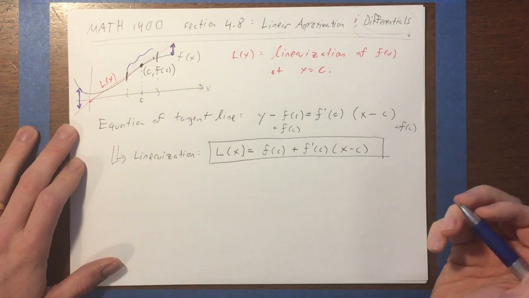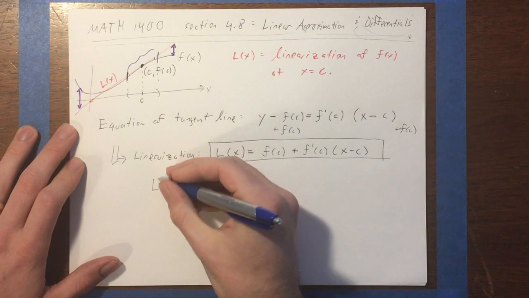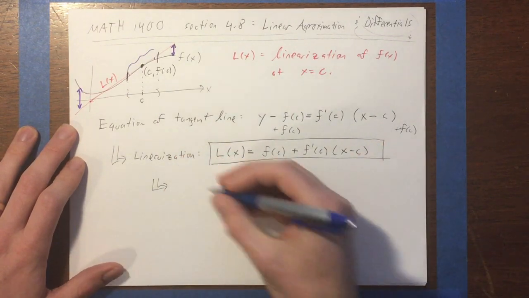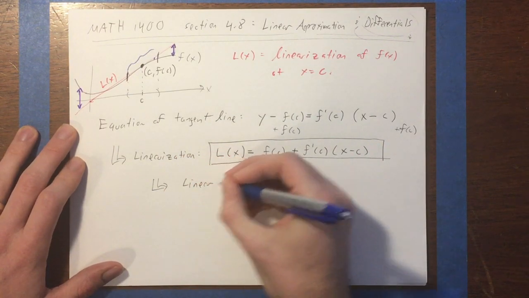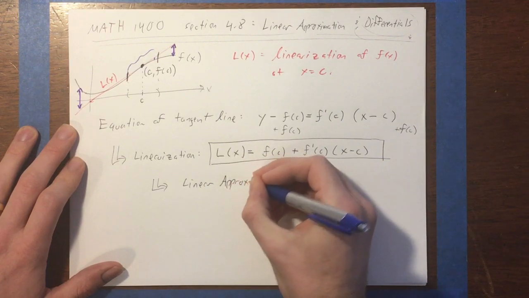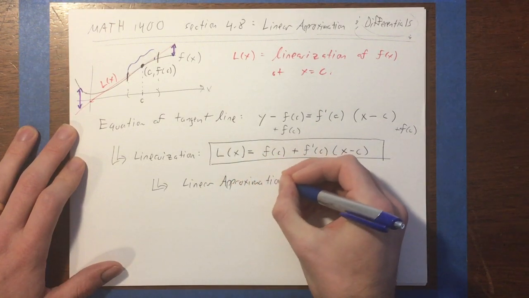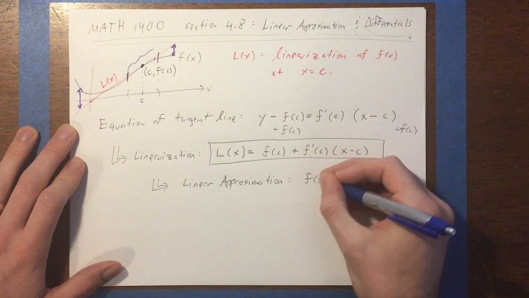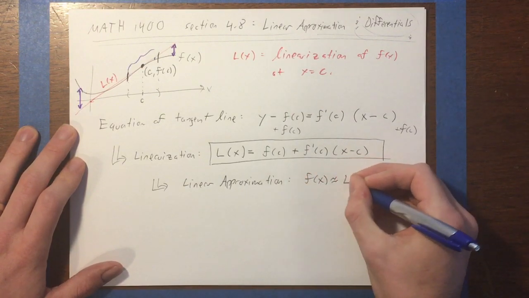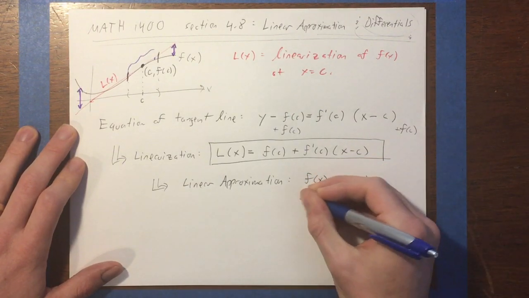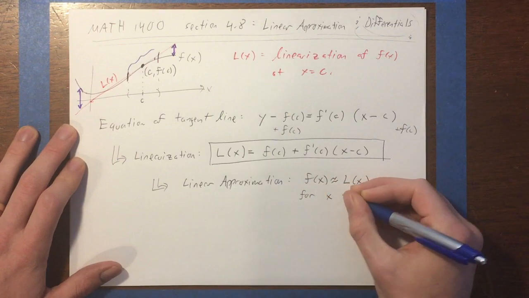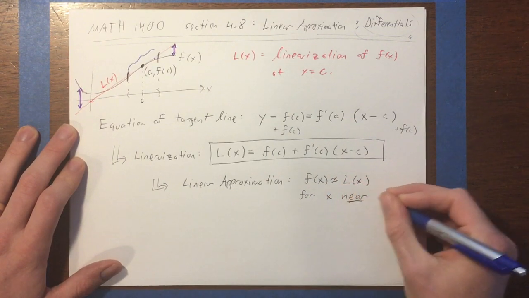So now from this idea of linearization, we then can do what's called linear approximation. The linear approximation is to say, basically, that f of x is going to be approximately equal to L of x for x values near c.